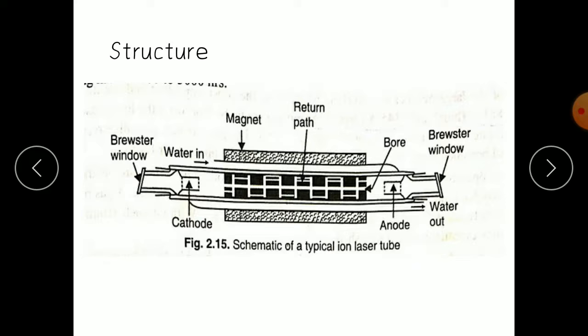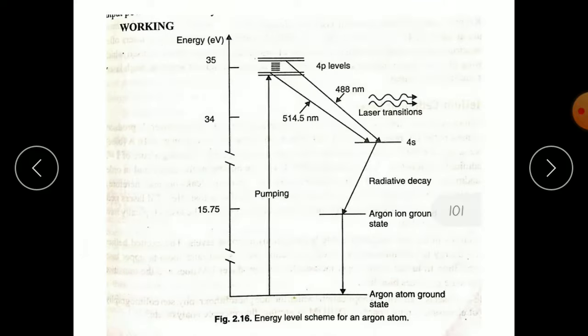As the gas is ionized, the electrons collide with the other argon atoms or ions, and excite them to an excited state at about 35 electron volt.